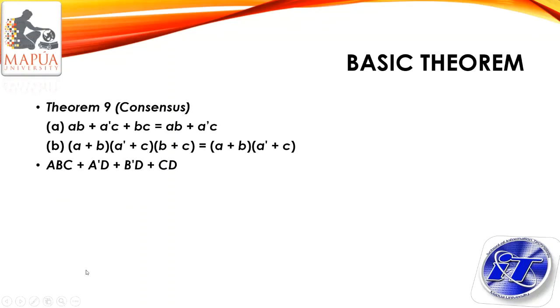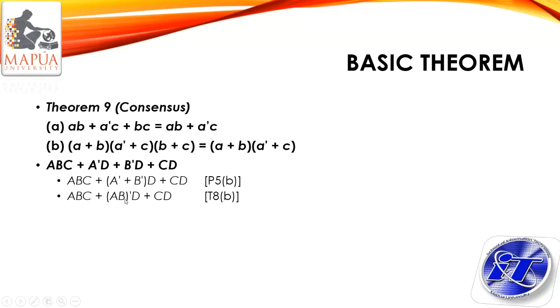Another example, ABC + A'D + A'D + B'D + CD. So let's consider the first two terms. But before that, we could factor out D first, and then apply De Morgan's.